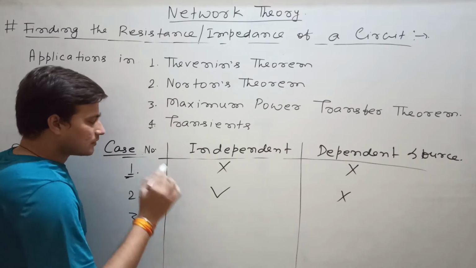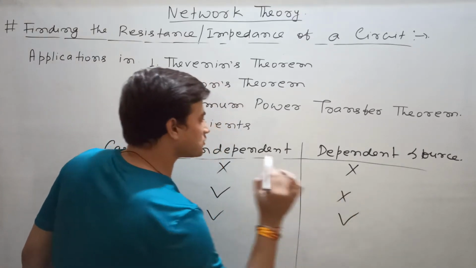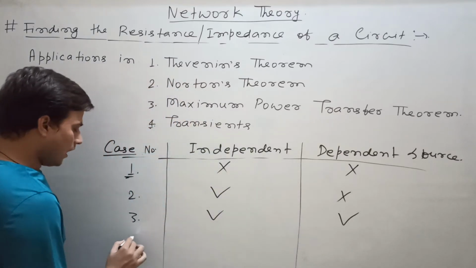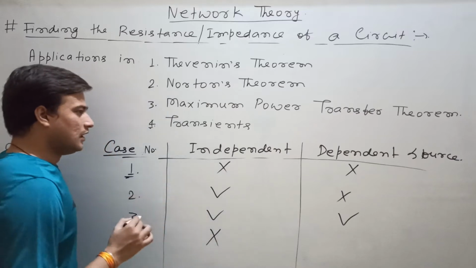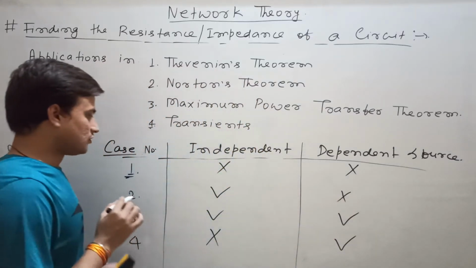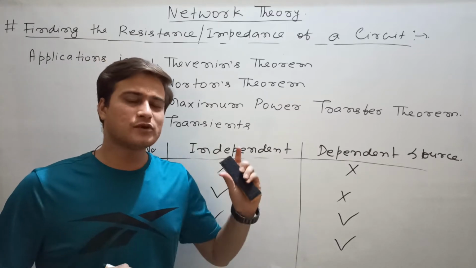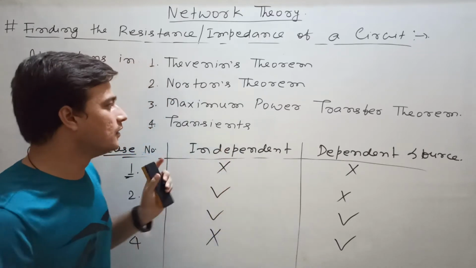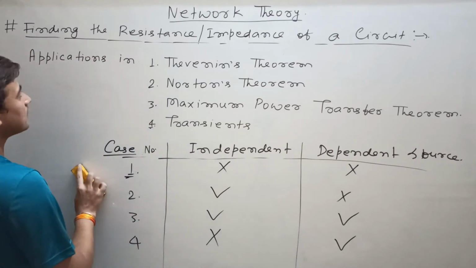The third case will be the circuit having both independent and dependent sources present in the circuit. And the fourth case is the circuit will not have an independent source. The circuit will have a dependent source only. So we have to study all these 4 cases and discuss the steps to find the equivalent resistance in all these 4 different cases.